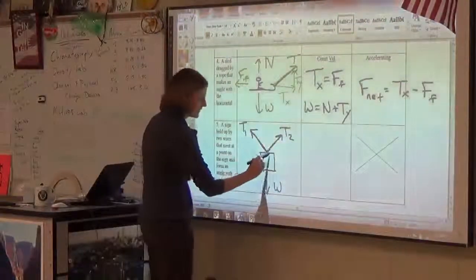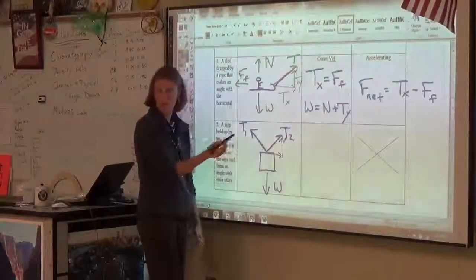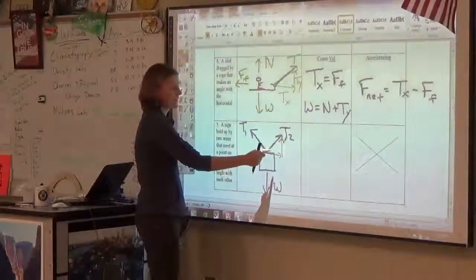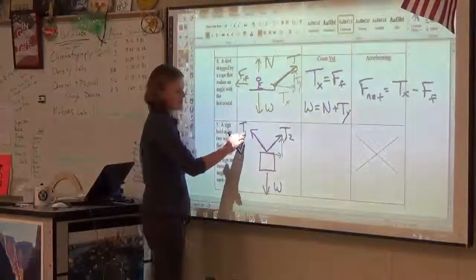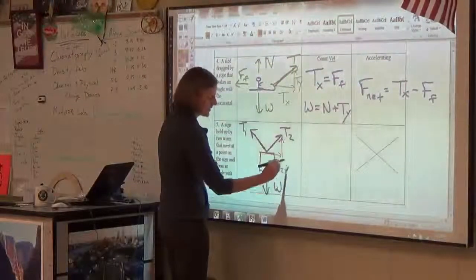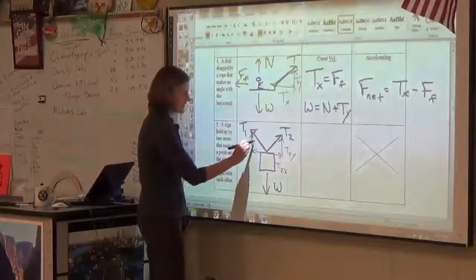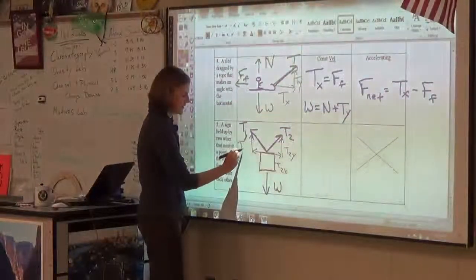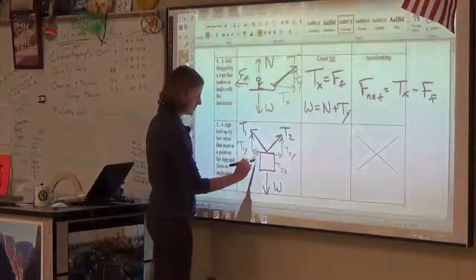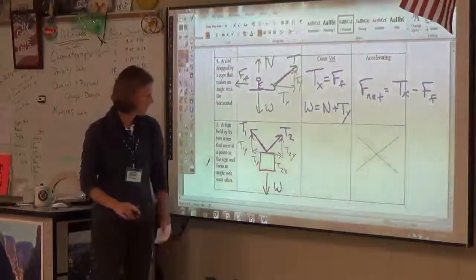Find your components. Now, if this were symmetrical, presumably it is, then they're equal anyway. T1 would equal T2, but I'll keep them separate. So T2x, T2y, and over here we'd have T1y, T1x. Okay, a little messy.